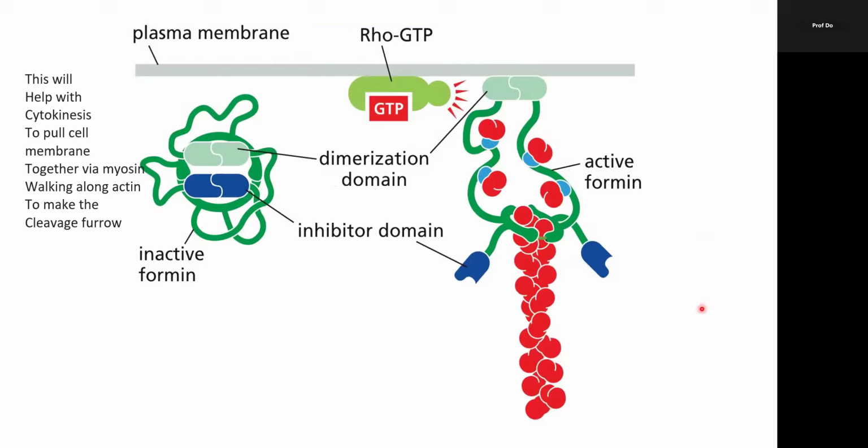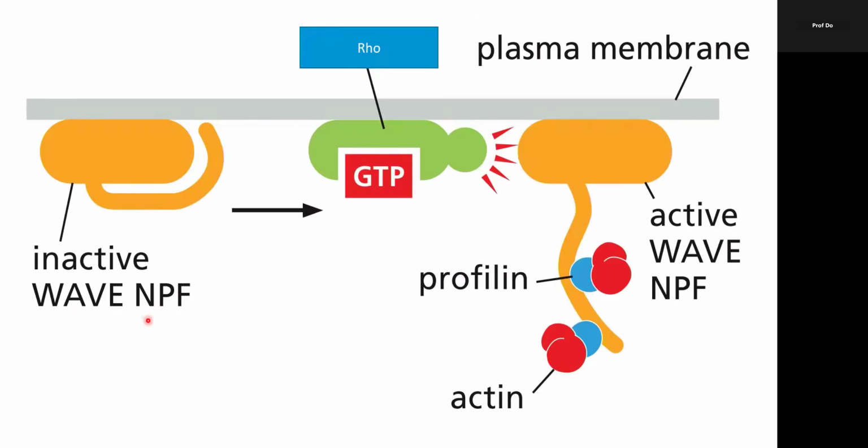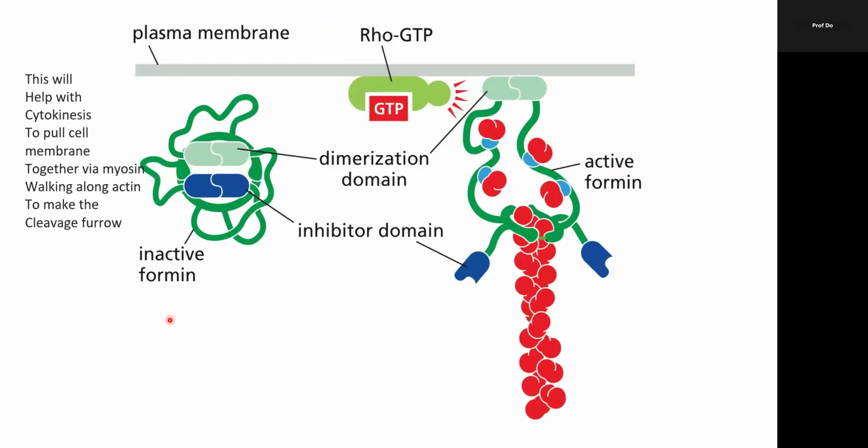Okay. Now, because that happens, formin, being your NPF, is now going to get activated. The inhibitory domain, which locks up your formin, unlocks itself, opening up your formin hands right here, the little hand shapes that allow actin to start building.